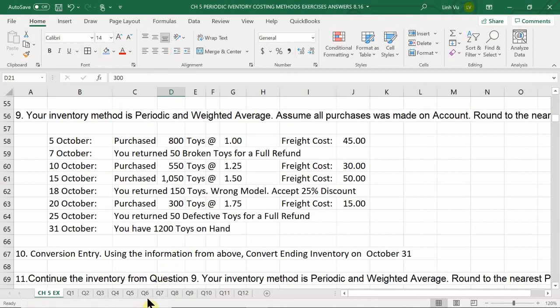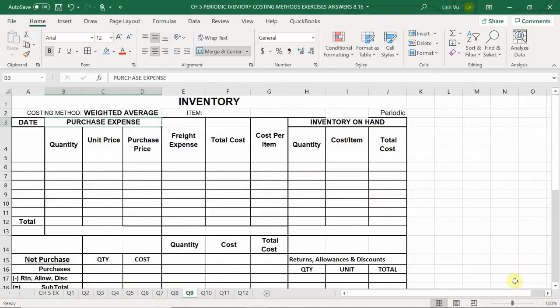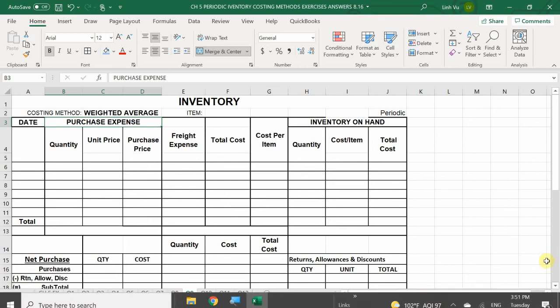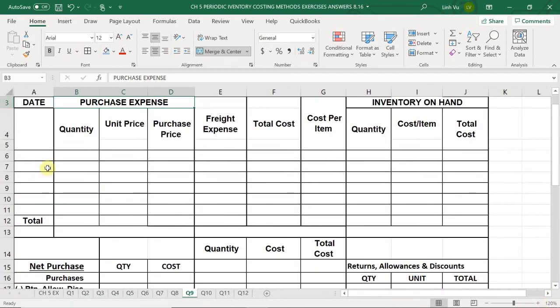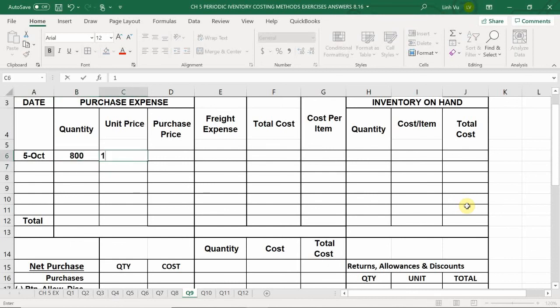Okay. So once again, question number 9. This was going to be the easier one. It is October 5th. We purchased 800 at $1 each with a freight of 45.